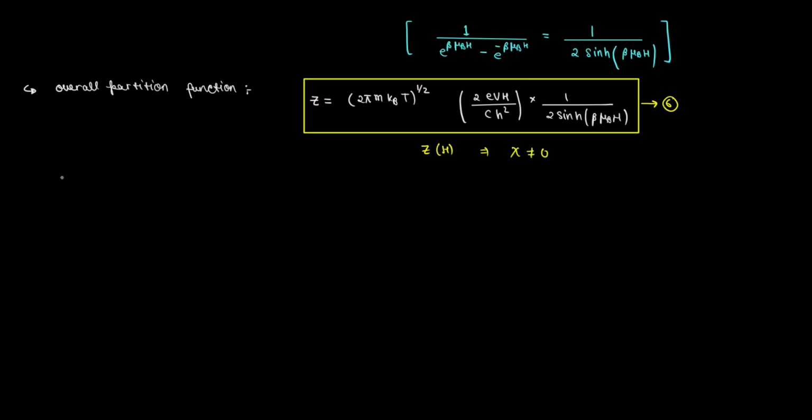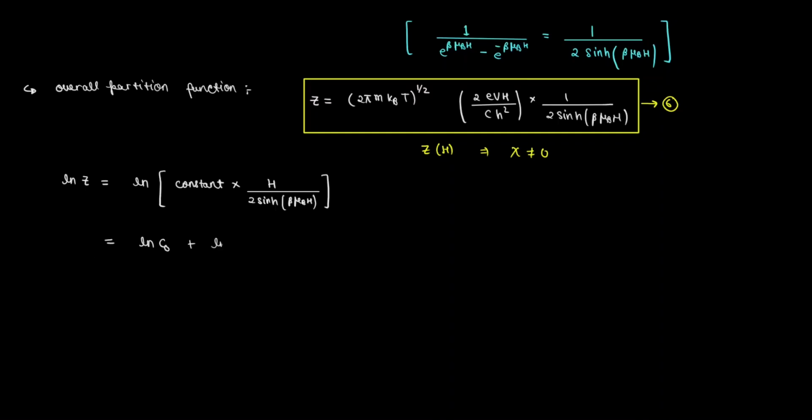Now in order to calculate the susceptibility, first of all, let's try to calculate the ln of Z, which will be equal to natural log of some constant term times h divided by 2 sine hyperbolic beta mu VH. Here we are interested in functional dependence of magnetic field only, so we will keep other things as constant.